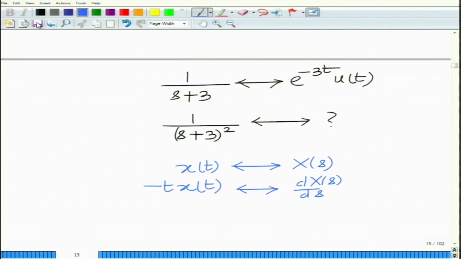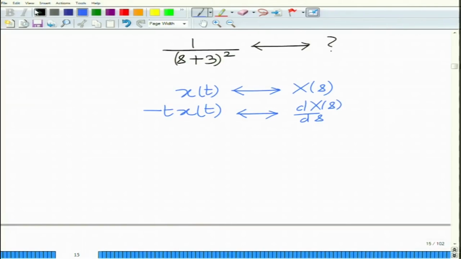This is the property that we are going to use, and therefore, now you can see that 1 over (s + 3) whole square is nothing but minus d over ds of 1 over s + 3. Okay.